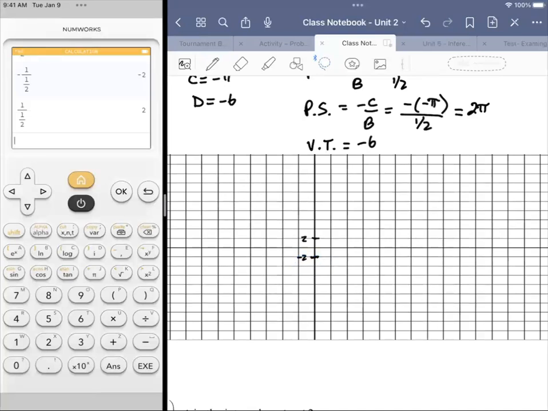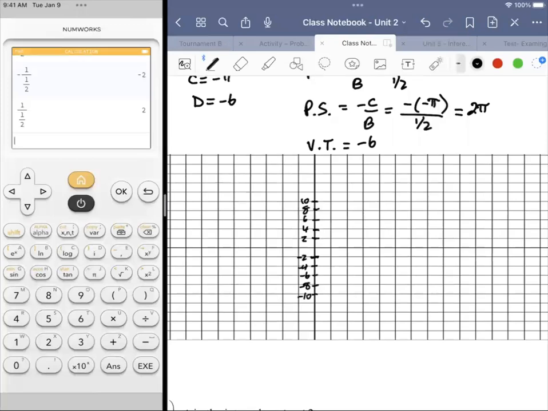No trig pun intended. 4, 6, 8. I'll go up to 10. And then -4, -6, -8, -10. You don't have to label all of them. Just give me a sense of what the scale is. That's really all I ask. It's already going to be a messy graph. It could be a little distracting if you label every single thing.